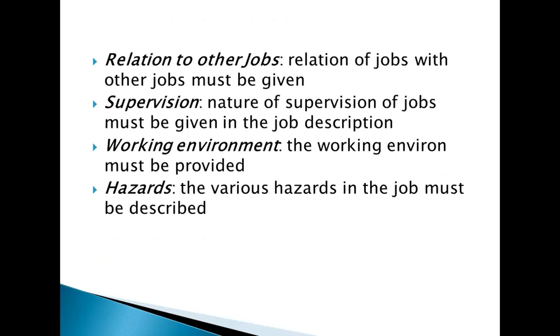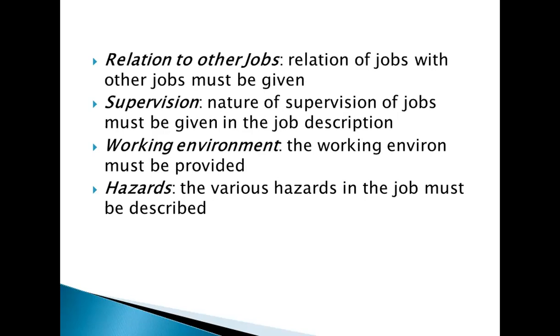Then relation to other jobs. Relation of jobs with other jobs must be clearly given. Next, supervision. Nature of supervision of jobs must be given in the job description. Who will supervise you? Under whom will you be put? These things must be clearly specified. Then working environment. The working environment must be provided.